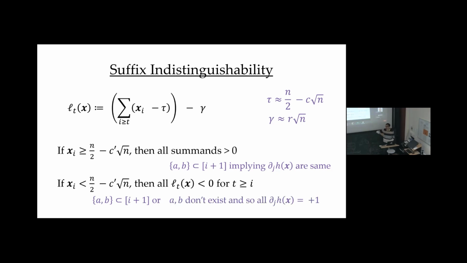In either case, all the marginals are the same. Okay, so this threshold and this offset is constructed so that at this point, when all the xi's are the same, the maximizers A and B only lie to the left. And as soon as they lie to the left, all the marginals are the same. So this leads to suffix indistinguishability.